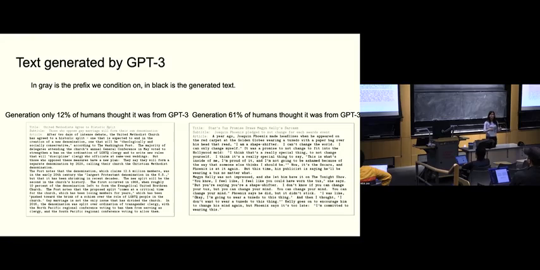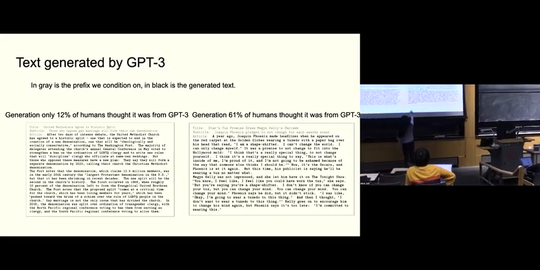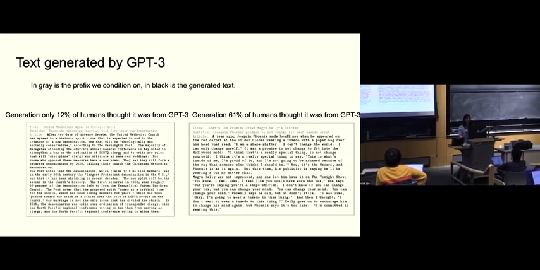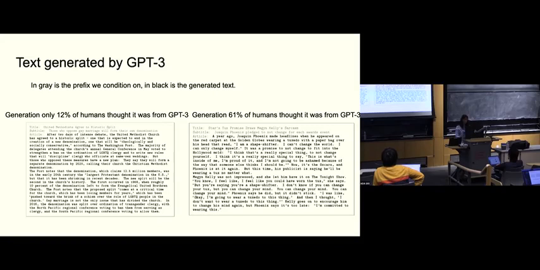So it is very easy now to generate fake stories. On the left, we show an article that humans really could not tell was from GPT-3, and this one, where 61% of them thought that it was generated by GPT-3. So the left really fooled humans quite well, okay? Is that clear? This is just generation of words.